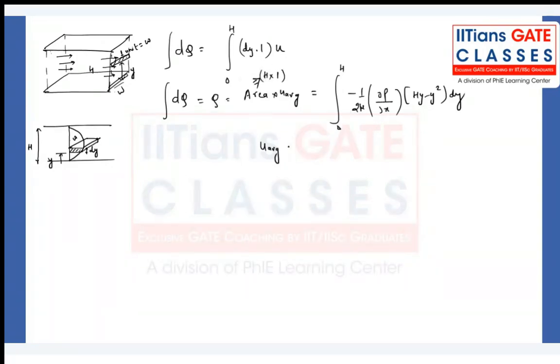So when you integrate, you will get u average as minus 1 upon 12 mu dou p by dou x into H square. So u maximum by u average, you will get 3 by 2.